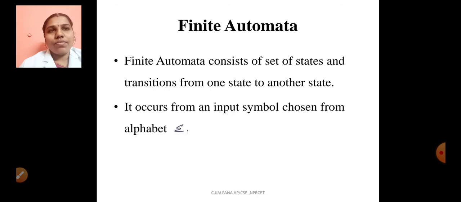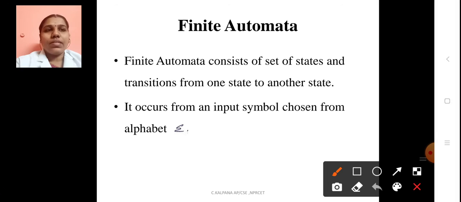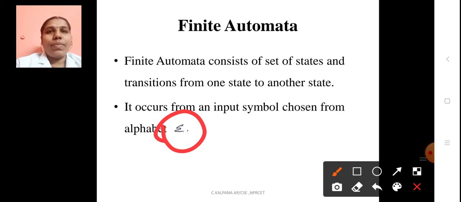Let's see what is finite automata. Finite automata definition is it has set of states and transitions. It moves from one state to another state. It reads input symbols and it processes from one state to another state. That is, it occurs on input symbol chosen from alphabet summation, where summation represents any alphabet symbols.